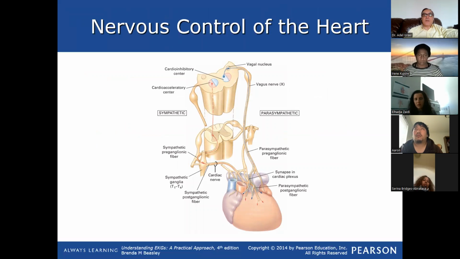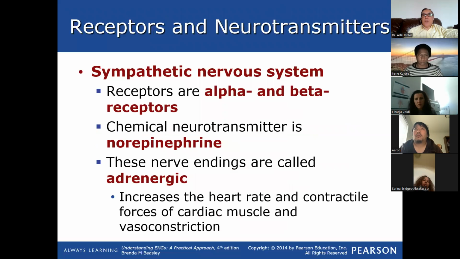So the nervous control of the heart is one of the important subjects I need you to know. And also, you know from the nervous system that we have alpha and beta receptors for the sympathetic. And we have to be aware of this point. I don't need you to go into details, but remember, look guys, beta.